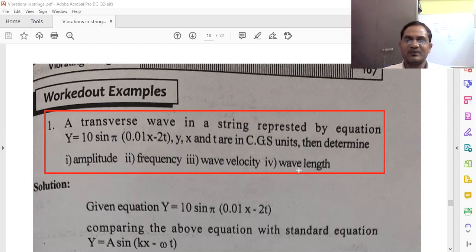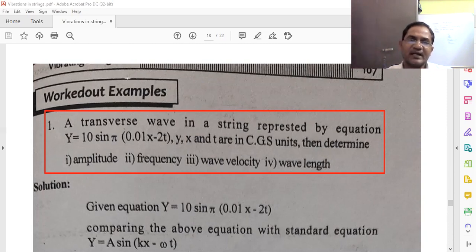We have three forms. The given equation is expressed in terms of the sine function, so you compare it with the standard mathematical wave equation. Then simply we can write the parameters he's asking: amplitude, frequency, wave velocity, and wavelength.